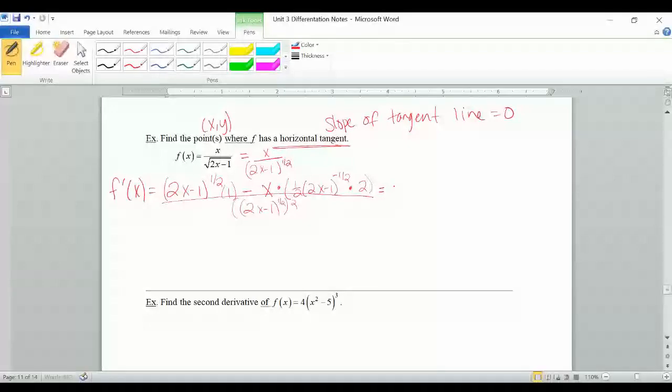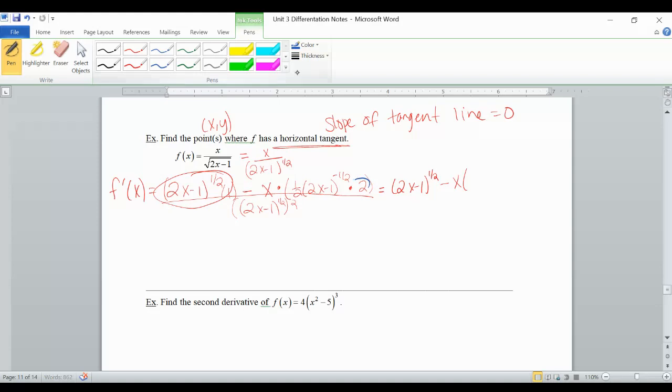So this is equal to (2x minus 1) to the 1/2 power. That's coming from this here. Minus x. I'm just going to rewrite this part here because I have a negative exponent and I can't have that. So again, remember, the only thing that gets raised to the negative half is the part that has a negative exponent. So this 1 is going to stay in the numerator, so is this 2.